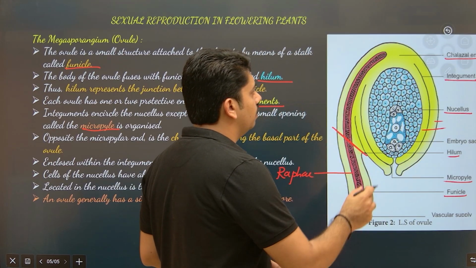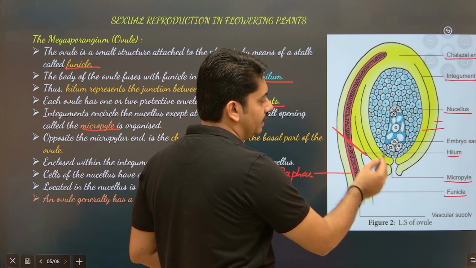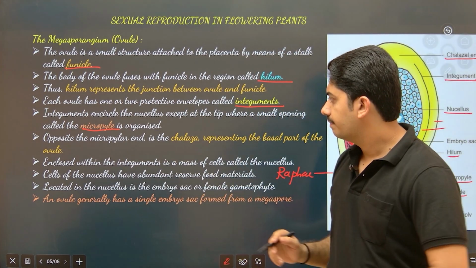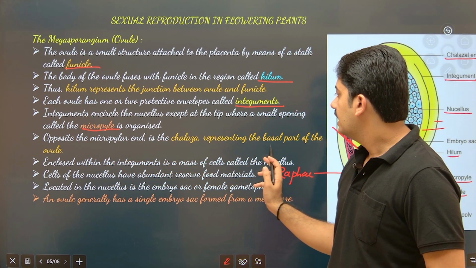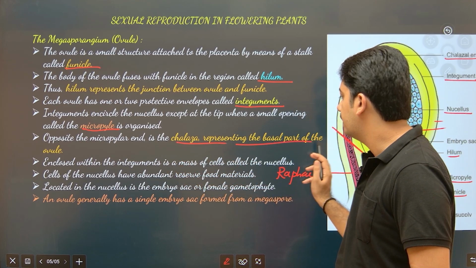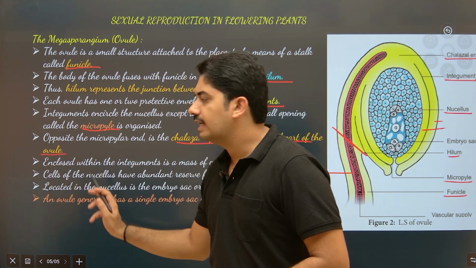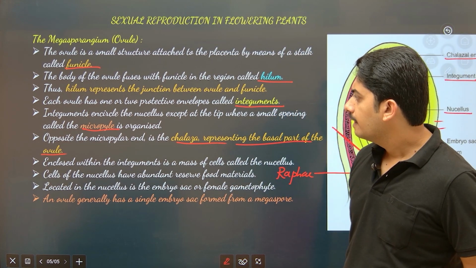Here, if you observe, the integument is present entirely, but it is interrupted in the micropylar region. Opposite to the micropylar end is the chalaza, representing the basal part of the ovule. This is very important. What does the chalaza represent? The basal part of the ovule.